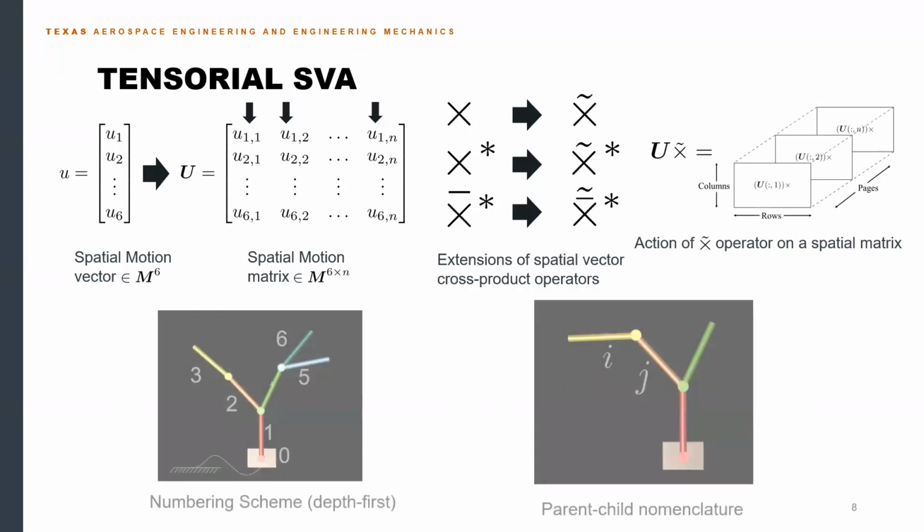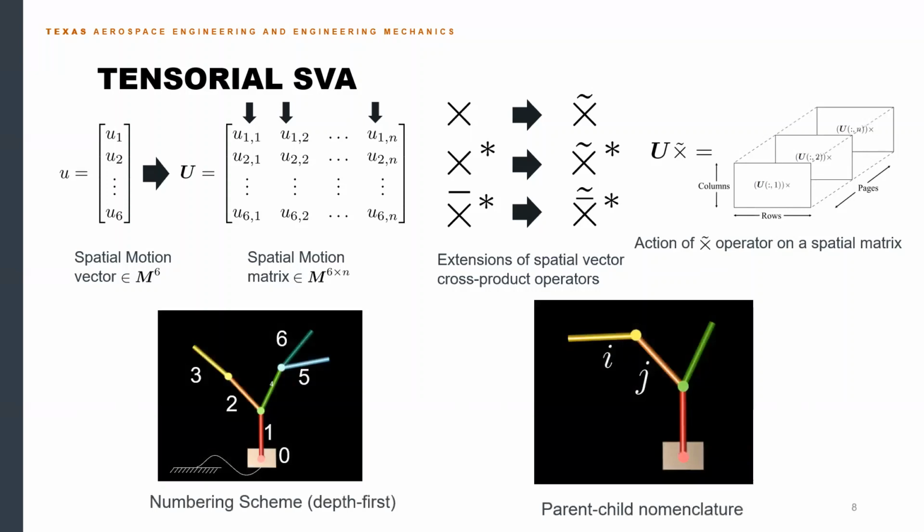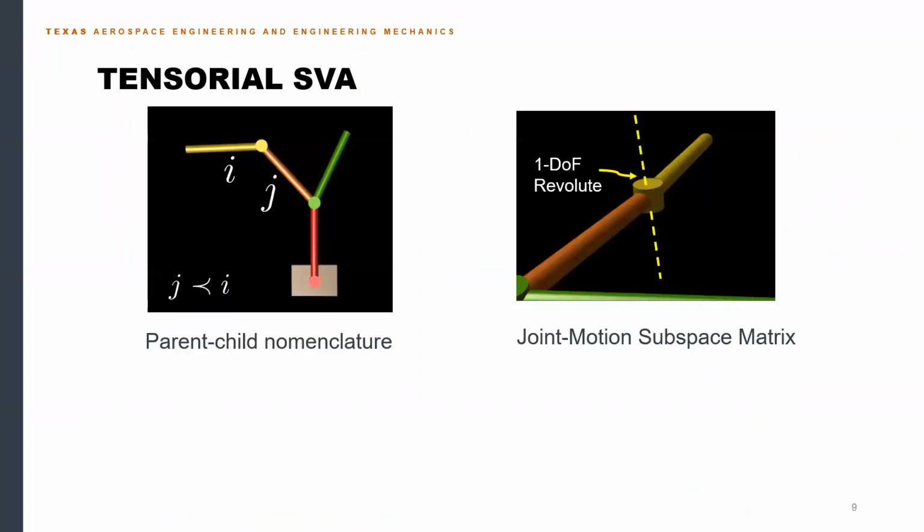We first define an open loop kinematic tree as shown here with the increasing numbering scheme from root to leaves. We also define the notation j less than i if joint j is in between root and the joint i. Now we define a kinematic quantity called the joint motion subspace matrix represented by this quantity S. S represents the spatial twist for all degrees of freedom of a joint.